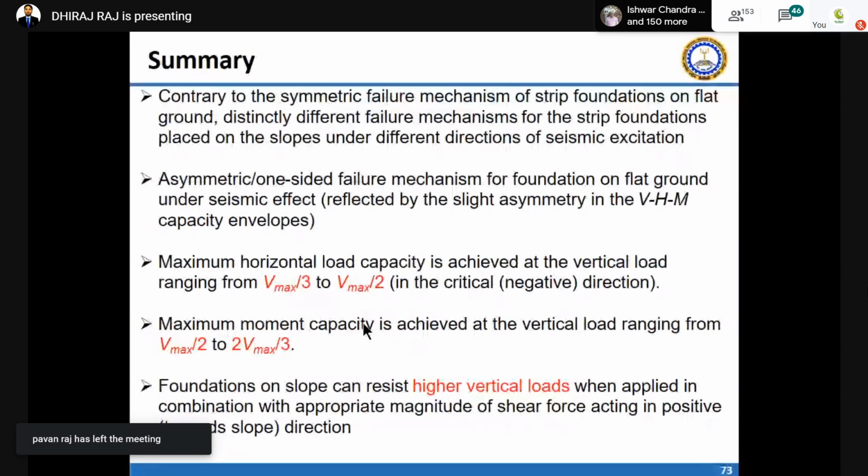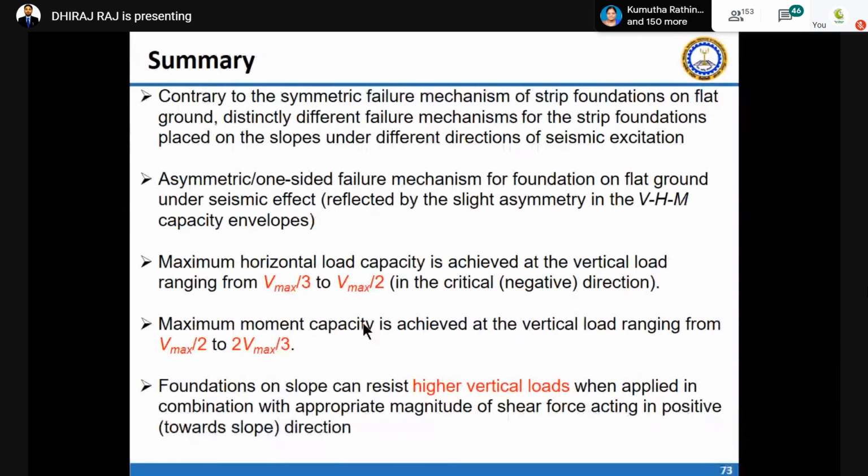And maximum horizontal load capacity, this is very important, is achieved at the vertical load ranging from V max by 3 to, means if you're targeting the factor of safety 3 and 2, in between your foundation has maximum shear capacity. And similarly, you also have the maximum moment capacity in that range.